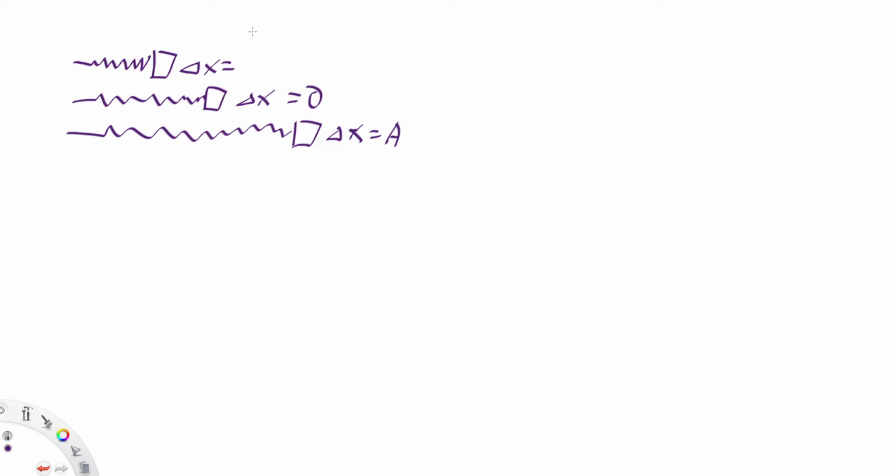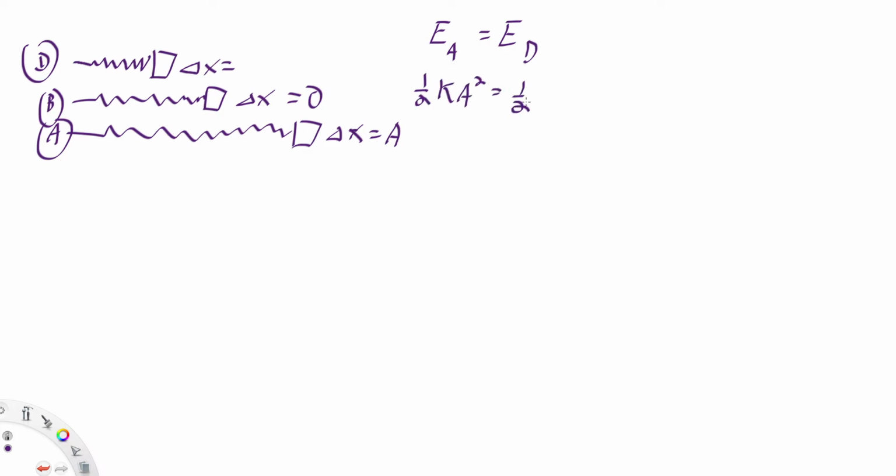And if we call this point D, and this is point B and point A from our last page, we can easily show that the maximum compression has got to be minus A, just by considering the energy at A and D. No external forces means the energy at A equals the energy at D. So we have 1/2 k A squared equals 1/2 k delta x squared.